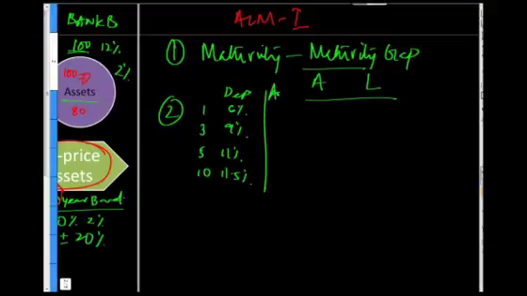And from an asset point of view, I can buy or invest or acquire a 1-year asset and earn a return of 8%, a 3-year asset and earn a return of 8.5%, a 5-year asset and earn a return of 11.5%, and a 10-year asset and earn a return of, let's say, 13%.